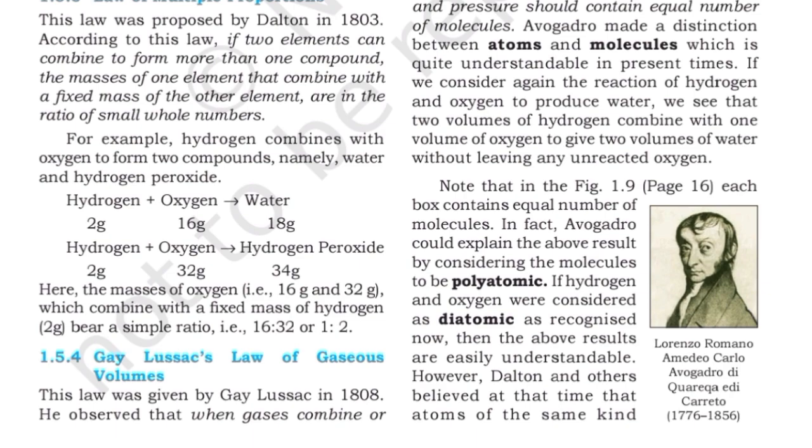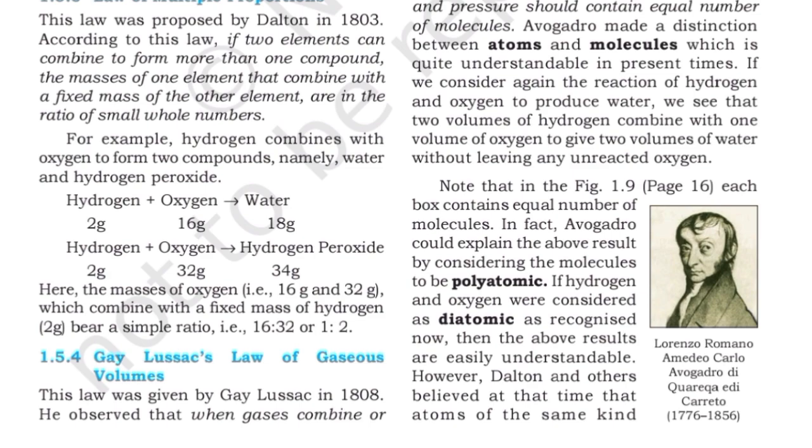Hydrogen plus oxygen gives water: 2 gram, 16 gram, 18 gram. Hydrogen plus oxygen gives hydrogen peroxide: 2 gram, 32 gram, 34 gram. Here, the masses of oxygen, 16 and 32, which combine with a fixed mass of hydrogen, bear a simple ratio, 16:32 or 1:2.